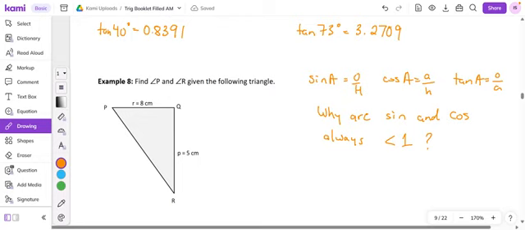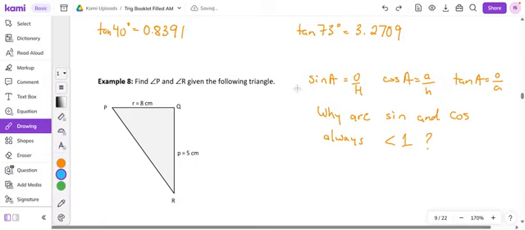Hypotenuse. So, if I divide a smaller number by a bigger number, it's always going to be less than 1. Adjacent is always going to be smaller than hypotenuse, and so cosine is always going to be less than 1.